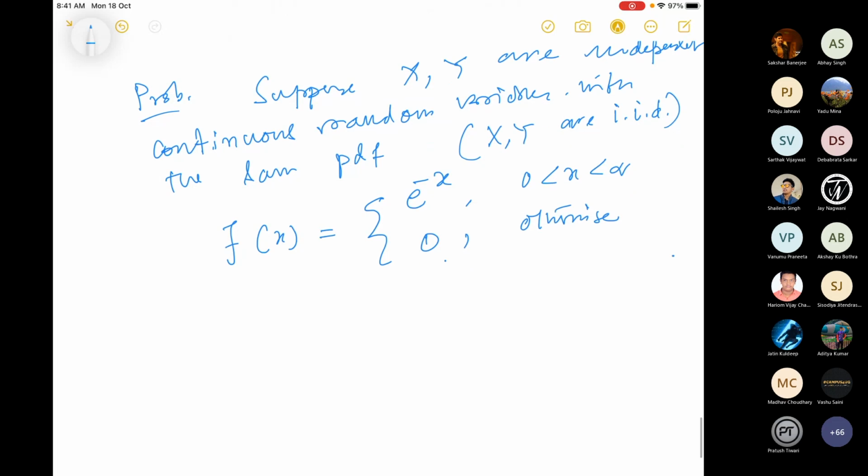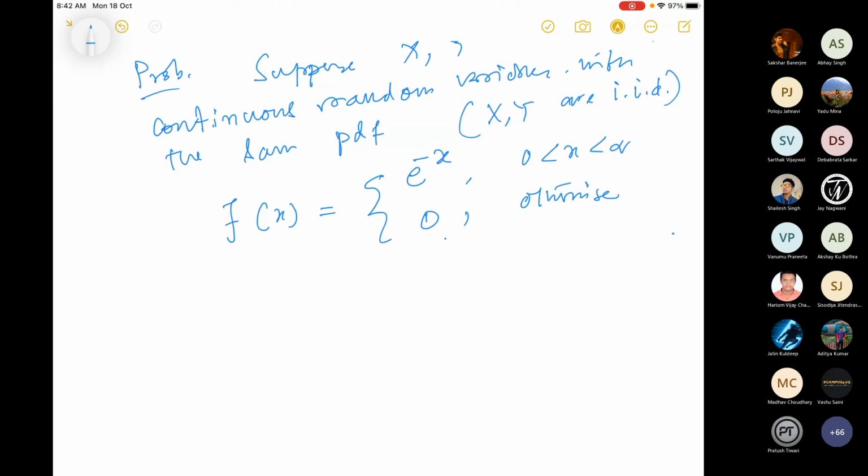Now the question is, find the joint density or joint PDF of u, which is a function of x, let's say it is x, and v, let's say this is a function 2x plus 3y.